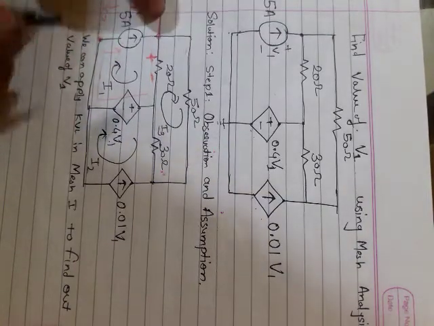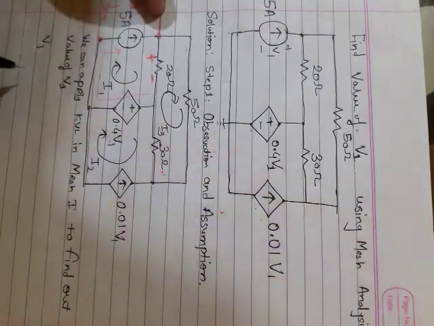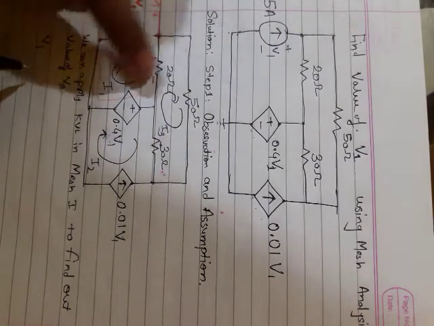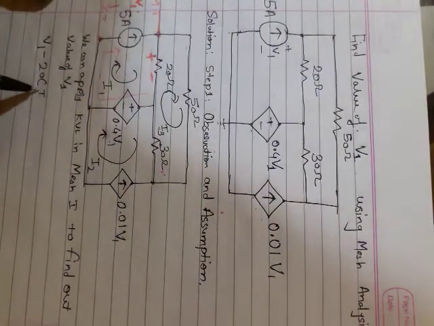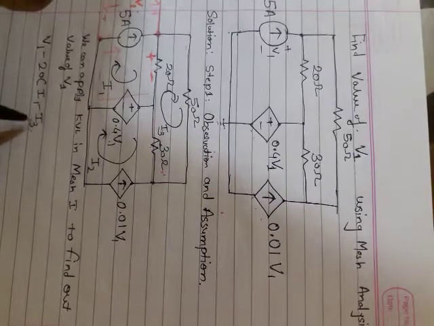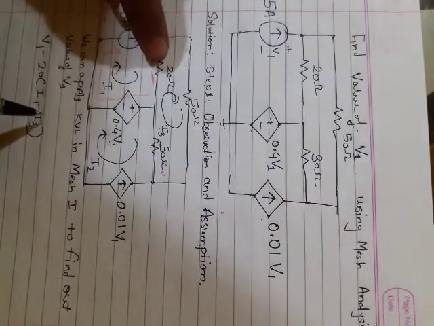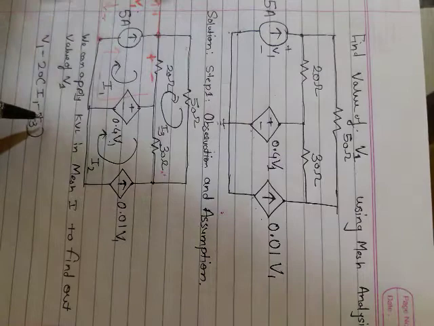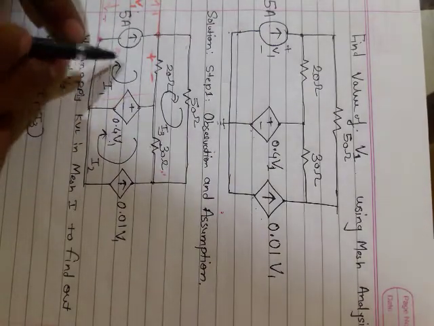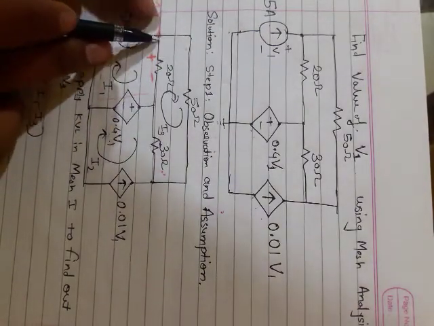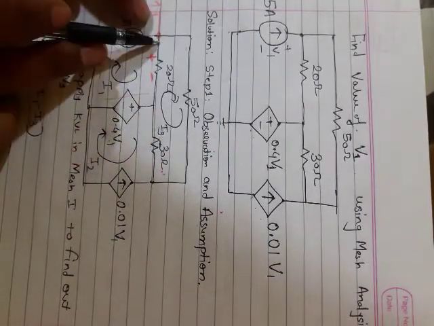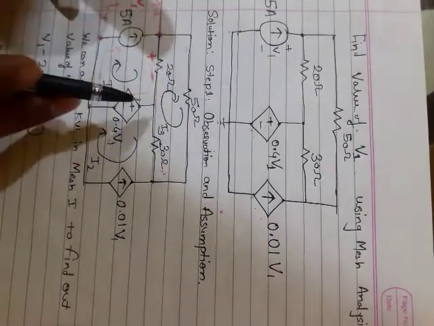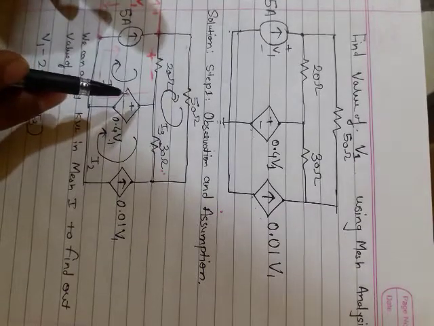So negative to positive V1, positive to negative, minus 20 into I1 minus I3, because in this 20 ohm two currents are flowing in opposite directions. I1 is flowing in this direction and I3 is flowing from this to this direction. So both are in opposite directions.